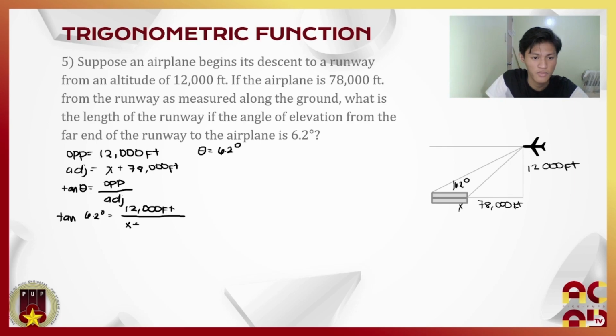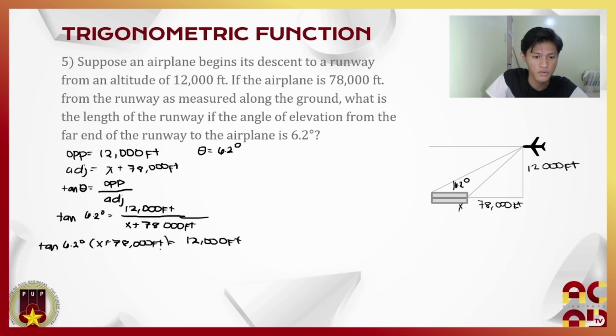Adjacent, which is x plus 78,000 feet. Ano next na gagawin natin? So, cross-multiply ulit, katulad ng mga problems kanina. So, tangent 6.2 degrees multiplied sa x plus 78,000 feet is equals to 12,000 feet.